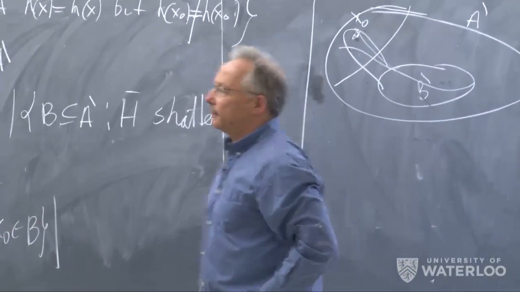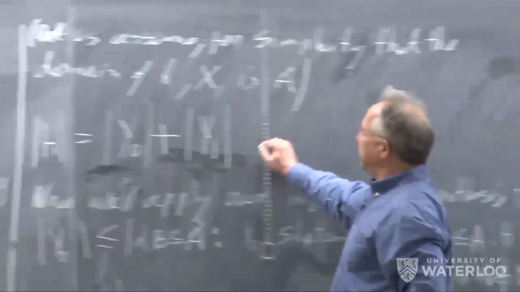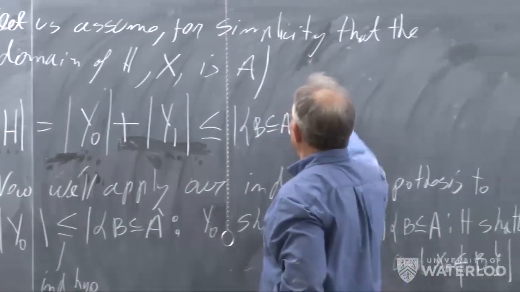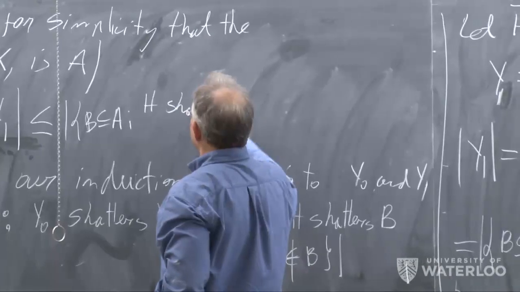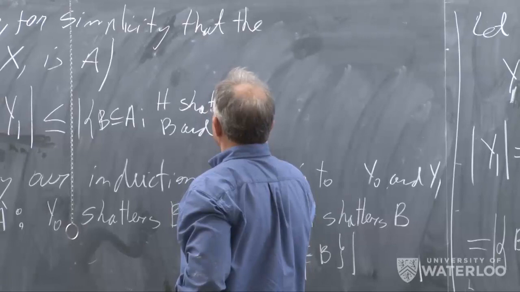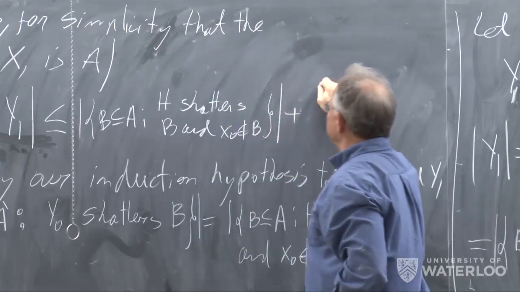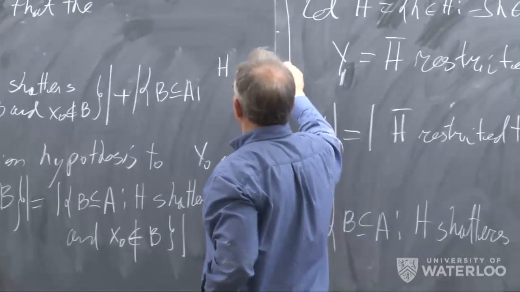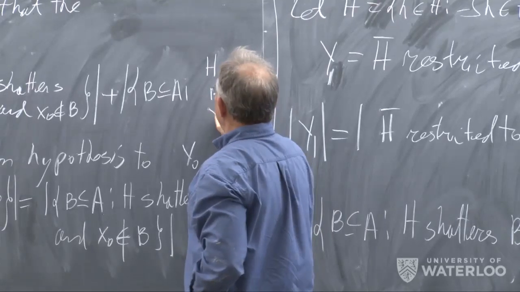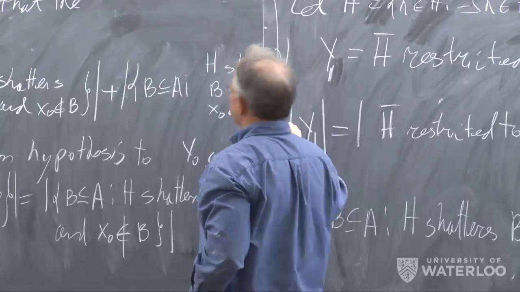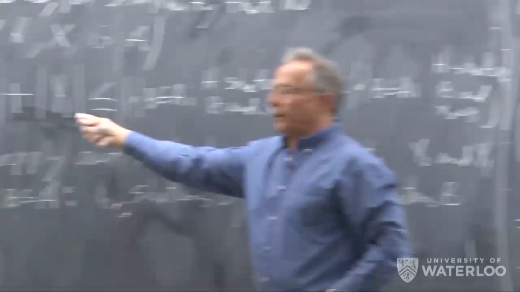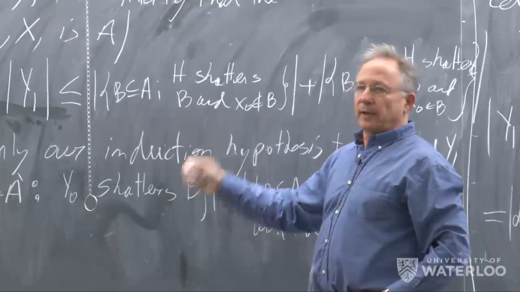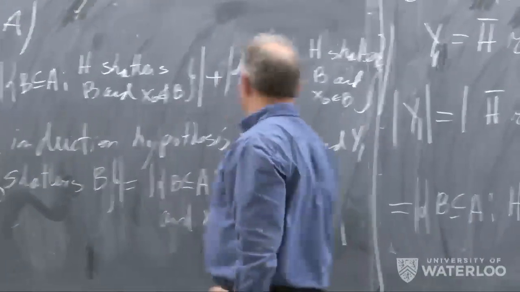And now we are done, because in conclusion, this is less or equal the number of B's subset of A such that H shatters B and x0 is not in B, plus the set of all B subset of A such that H shatters B and x0 is in B. The y1 gave me all the sets that I can shatter and x0 belongs to them. y0 gave me all the sets that I can shatter and x0 is not in this set.